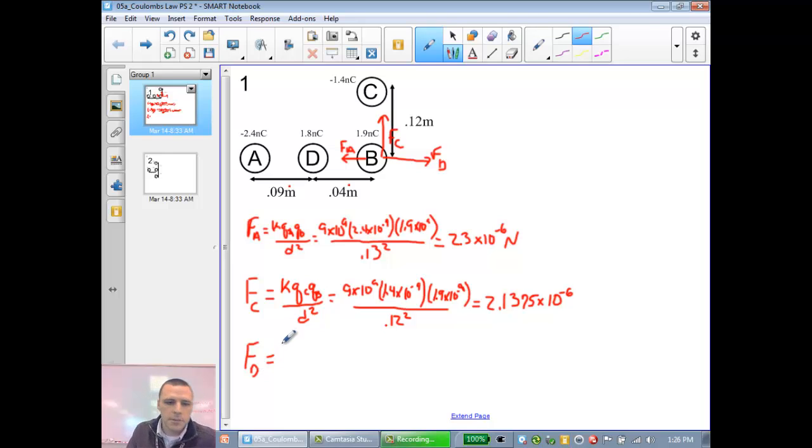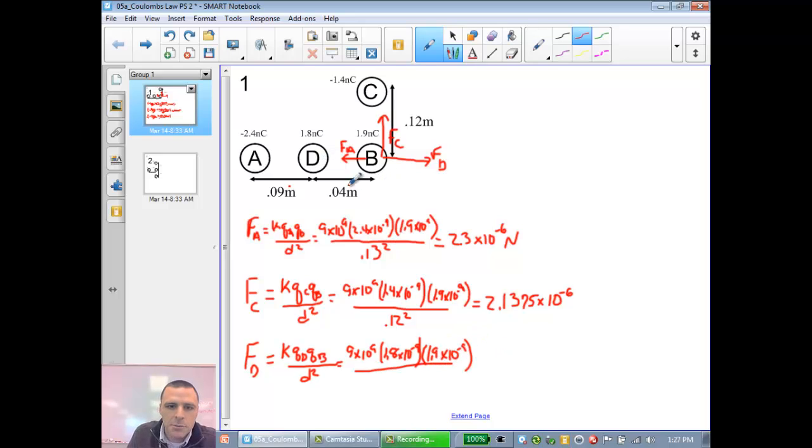And our final force value to get is force D. And that's going to be, again, the Coulomb's law equation: k QD times QB over d squared. Plug in the numbers. K is 9 times 10 to the 9th. D is 1.8 times 10 to the negative 9. B is 1.9 times 10 to the negative 9.